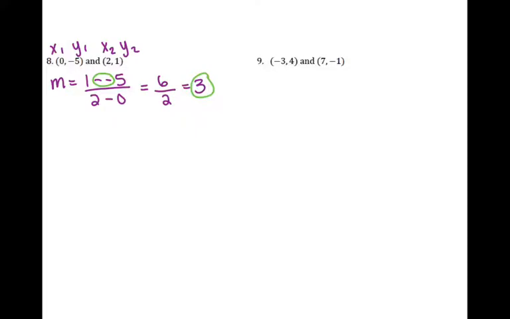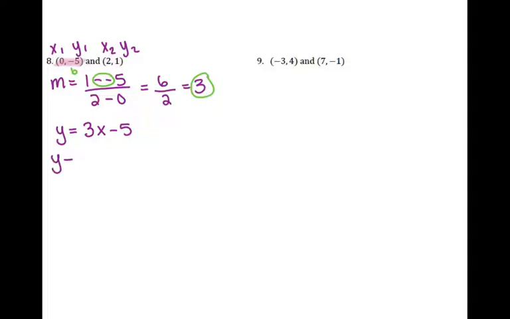Now if I look at my points, I do have the y-intercept because that is when my x-coordinate is 0. So this -5 actually represents the b. So if I wanted to write the equation in slope-intercept form, y equals mx plus b, I could do y equals 3x minus 5. So there's our slope-intercept form. I could also do point-slope with either of these points.